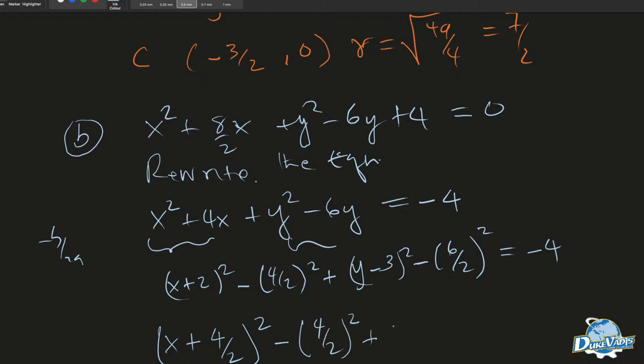Then the y is y minus 3, so y minus 3 divided by 2 squared. Then I'll come here, minus the value added, 3 over... y over 2. What is it? y minus 6 over... sorry, that is 6.